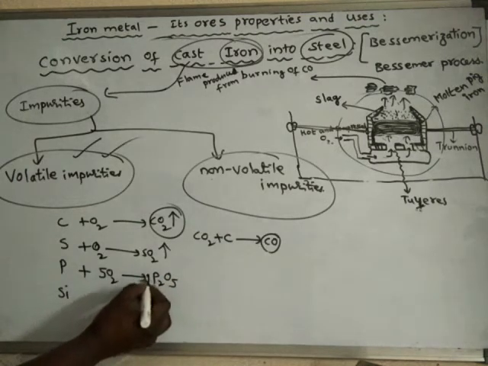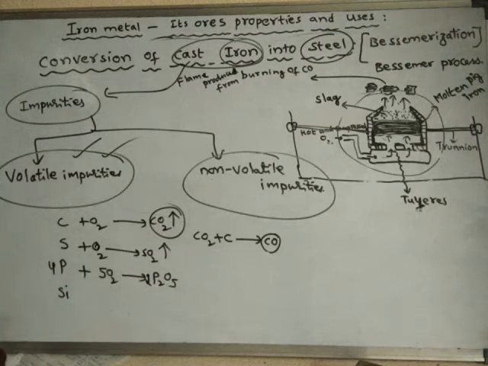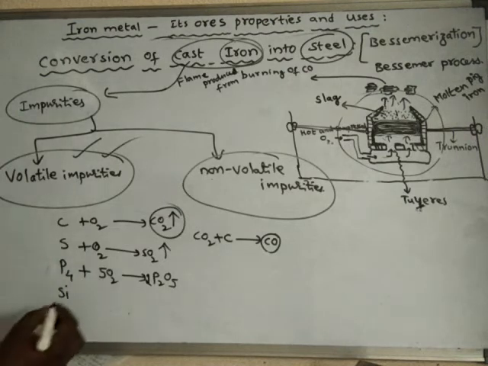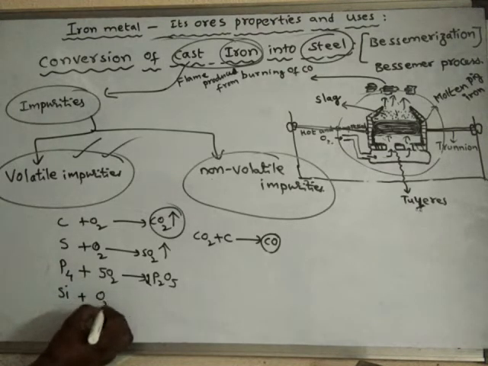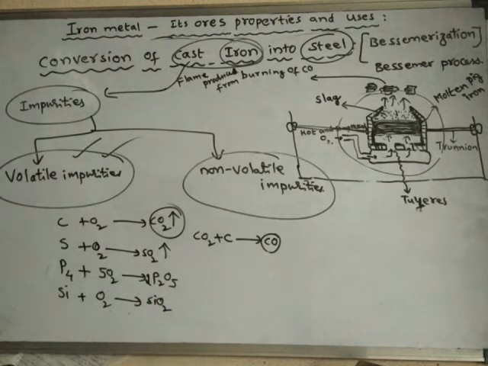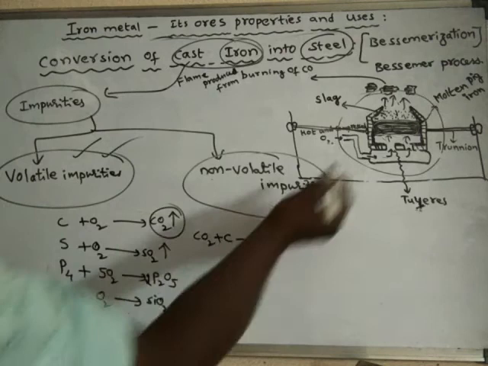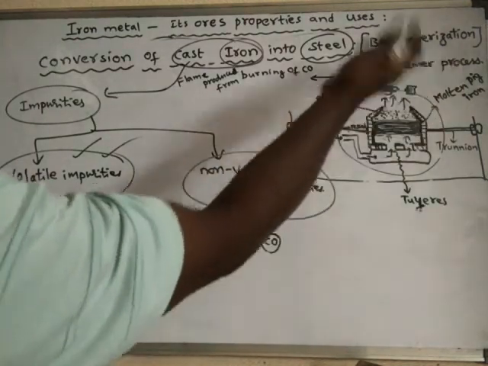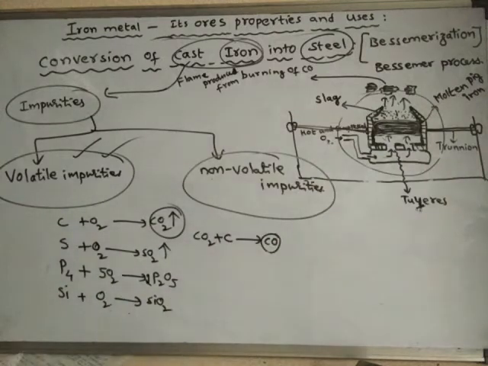Phosphorus will convert into phosphorus pentoxide. Silicon will convert into silicon dioxide. So these are all volatile impurities. They will escape from this Bessemer converter into the atmosphere.